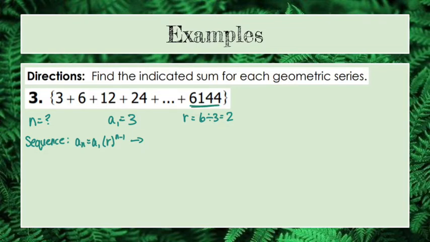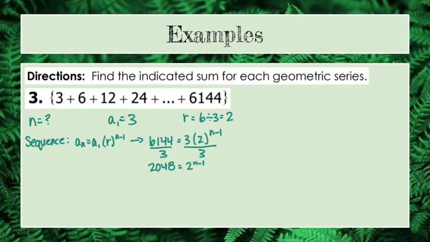We know that a sub n is equal to 6144. We know that a1 is 3. We know that r is 2. And we need to find n minus 1. So what we will do is divide both sides by 3. That'll give us 2048 is equal to 2 to the n minus 1 power.